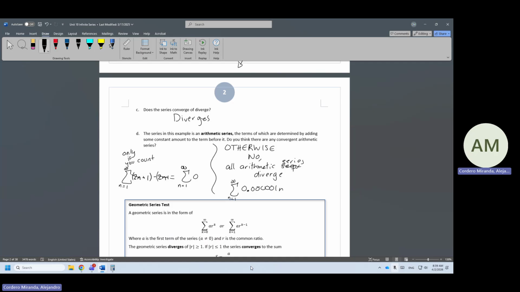For example, if you want a quick preview, this one right here has a special name, because the terms of that are 1, then 1/2, then 1/3, then 1/4, et cetera. So these are all going to where? You tell me. 0. Yeah, of course.